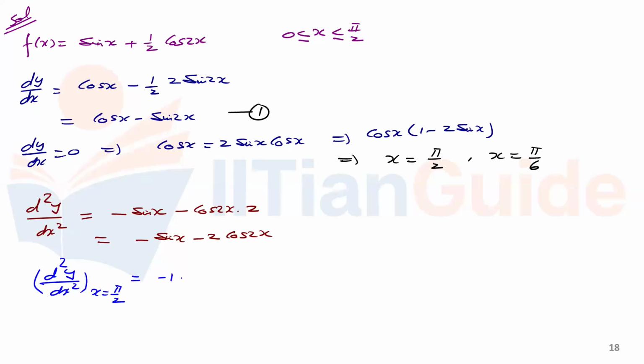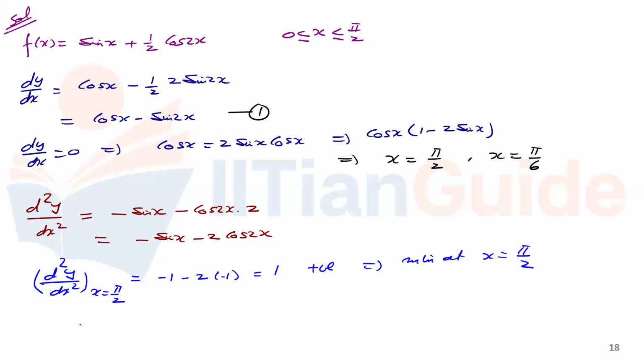So basically -1 -2, but here I will get cos of pi. Cos pi is -1. So -1 plus 2, basically 1, that is positive. The value 1, 2 or 10 doesn't matter. I am getting a positive value. That means minimum at the point x equal to π/2.